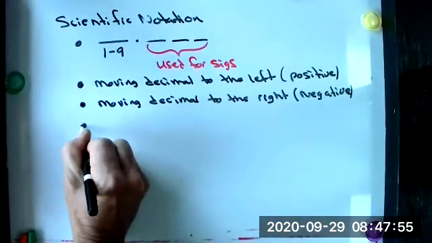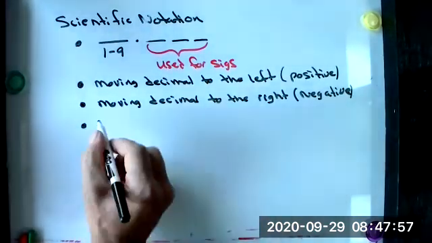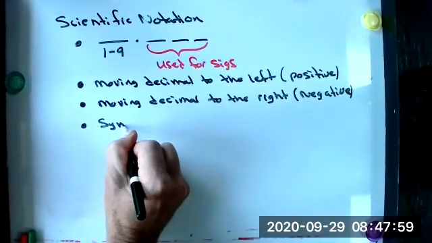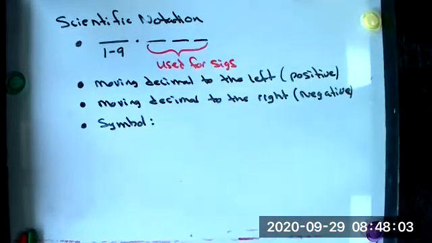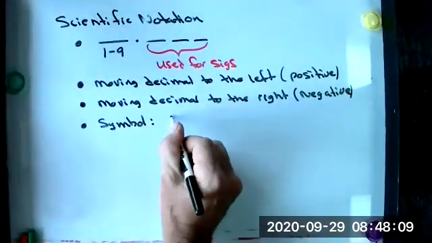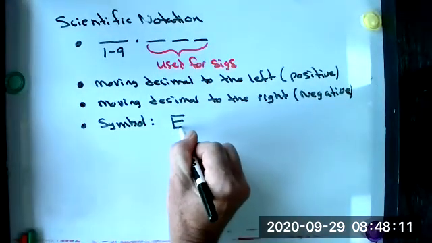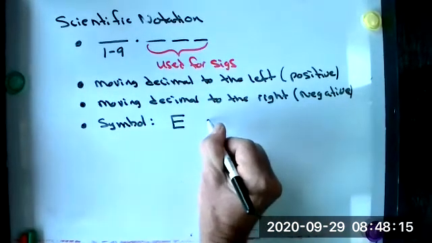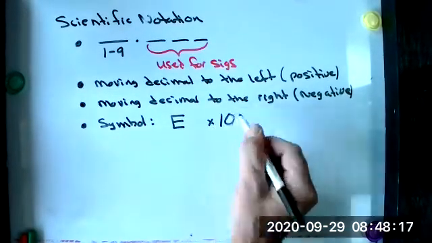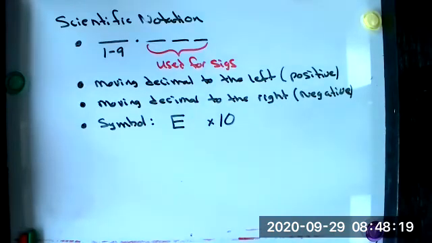Fourth and final rule, really symbol. The symbol keeps changing over the years that I've been teaching this. Seems to be pretty consistent now using a capital E. It used to be this, which is fine.